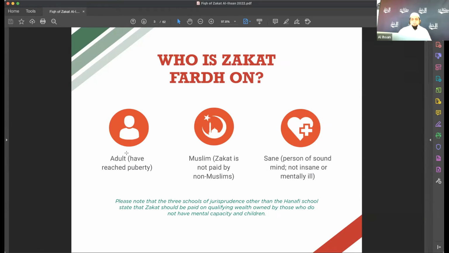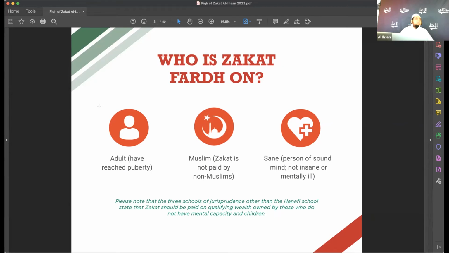So about the condition of being baligh for zakat to be due. The other three imams all say that zakat is also due on the wealth of children, if they have that threshold of wealth, what we call nisab, which we will talk about inshallah. Now the Hanafis say that no, zakat is not due on them because there are many ahadith that mention that children are not liable for any obligations in Sharia.